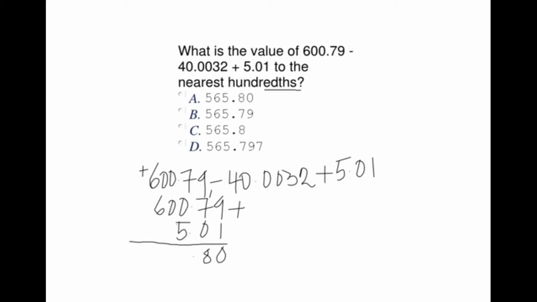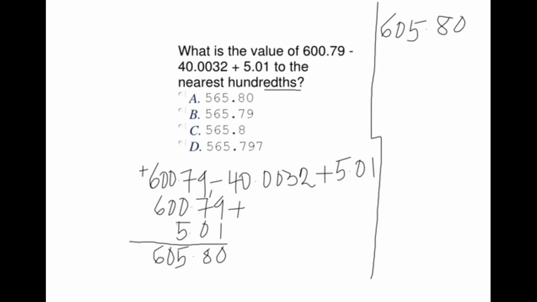Then we have 0 plus 5 is 5, 0, and 6. So we have 605.80. Then we are going to subtract.